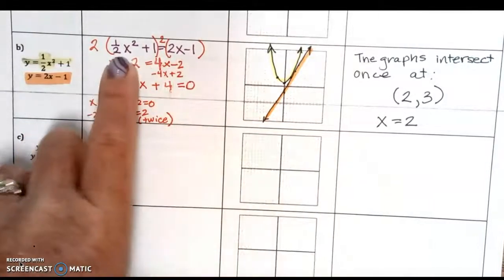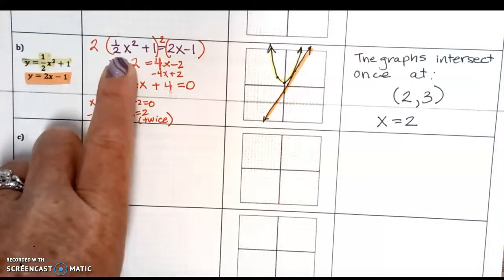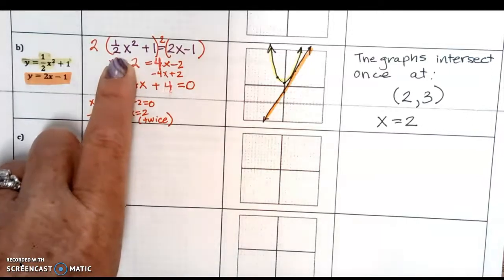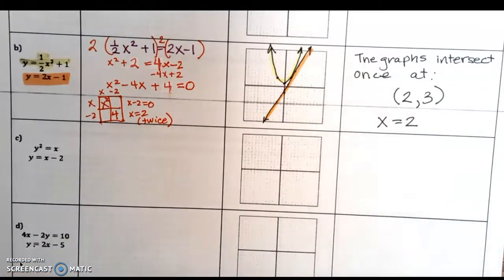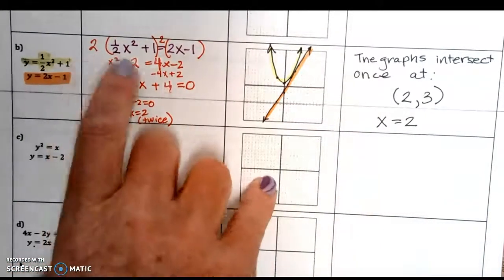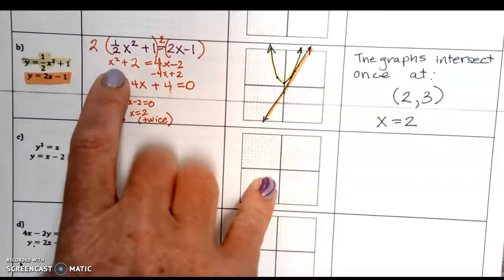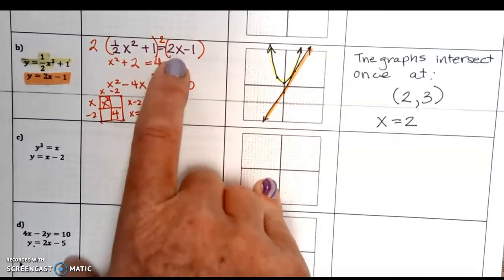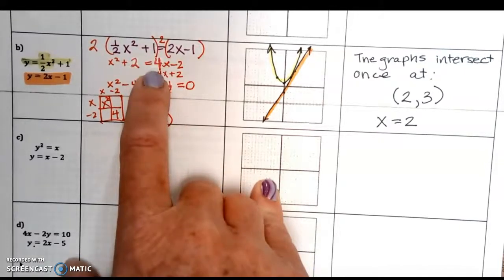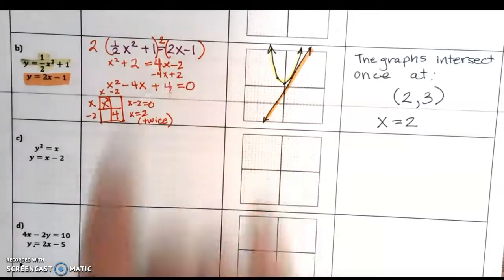Okay? I had a 1/2, so I fraction busted to get rid of the 1/2. So 2 times 1/2 x squared is x squared. 2 times 1 is 2. Then I multiplied this side times 2. 2 times 2x is 4x. 2 times -1 is -2.